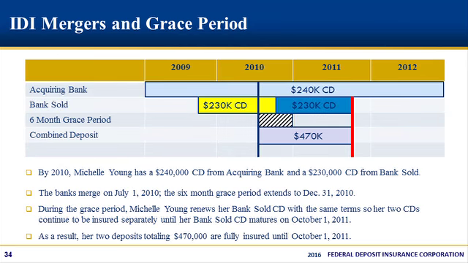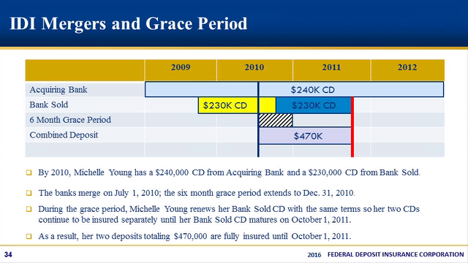As you will see on this slide, during the 6-month grace period, Michelle renews her bank-sold CD with the same terms, so her two CDs continue to be insured separately until her bank-sold CD matures on October 1st, 2011.